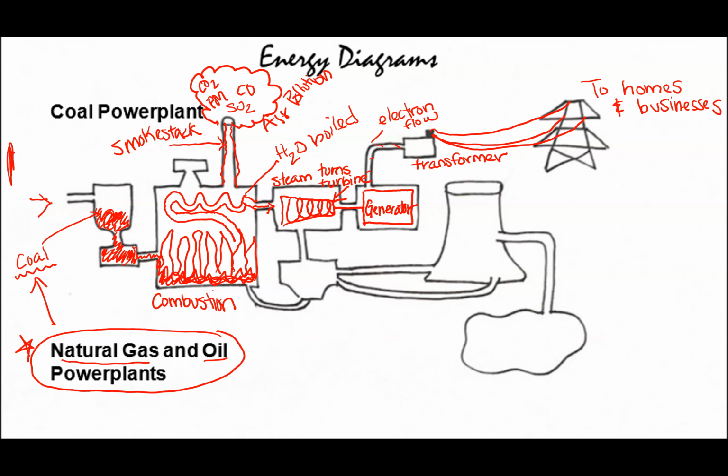Okay, so we've gotten all the way over to the right-hand side, but we're not done yet because we've got a whole bunch of stuff down here at the bottom. So let's come back over to the bottom of our combustion chamber. We've got this pipe that's coming down off of the bottom.